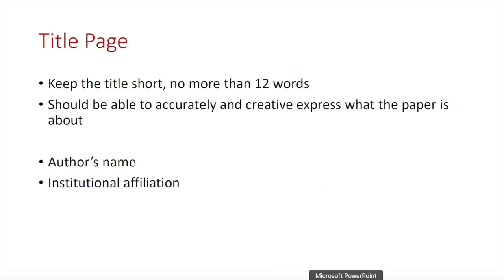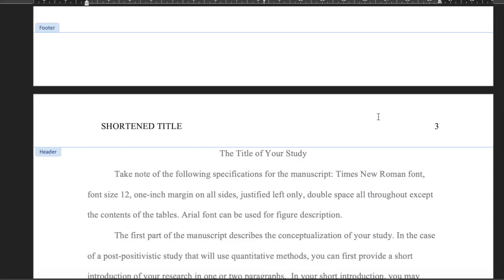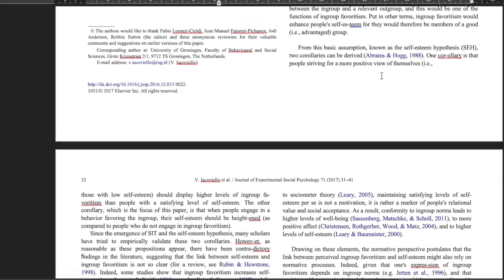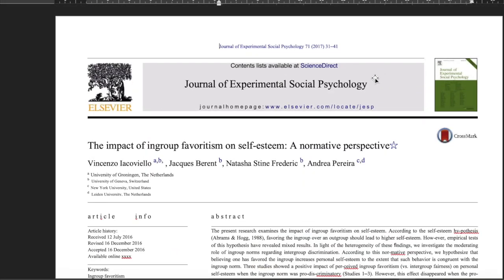Here is an example. So this is a sample manuscript. The title of the manuscript is "The Impact of In-Group Favoritism on Self-Esteem: A Normative Perspective."